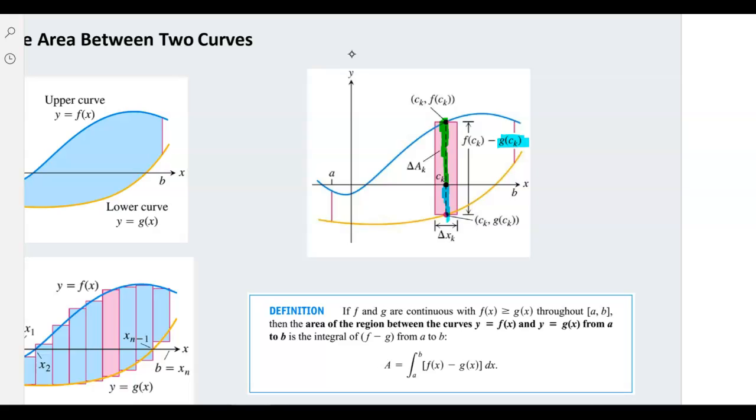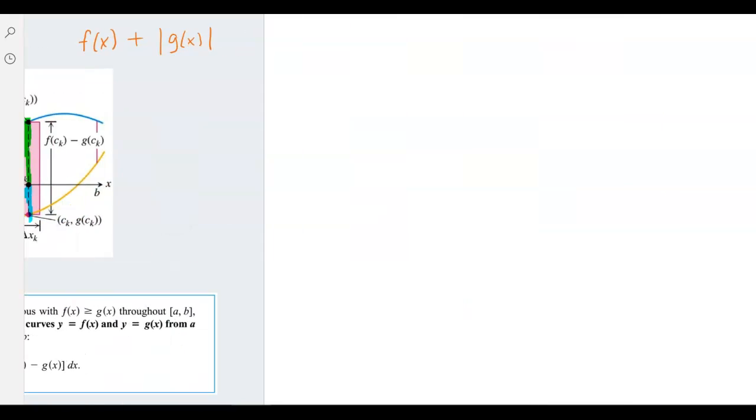So if we want to add those two together, if we want to take f of x and then add on the absolute value of g of x, knowing that g of x is a negative number, we're going to take the opposite of it. So that's where this negative sign is coming in. That negative sign is coming in because we know that's below the x-axis and we want to get the absolute value.